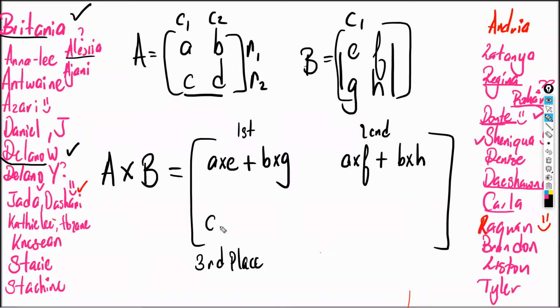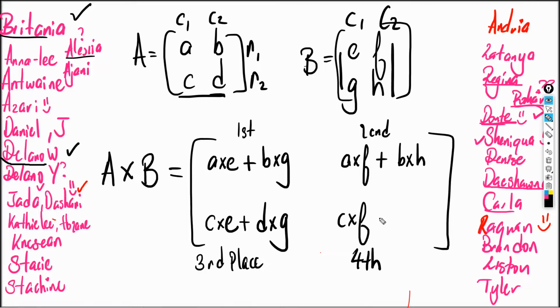So that's going to be C times E plus D times G. Then the last one, where the D is, the fourth and last place, it's going to be second row by second column. And it's going to be C times F plus D times H.